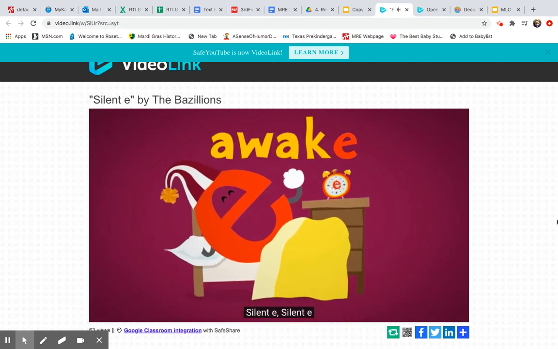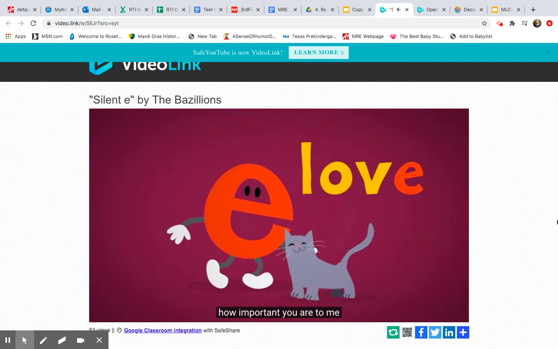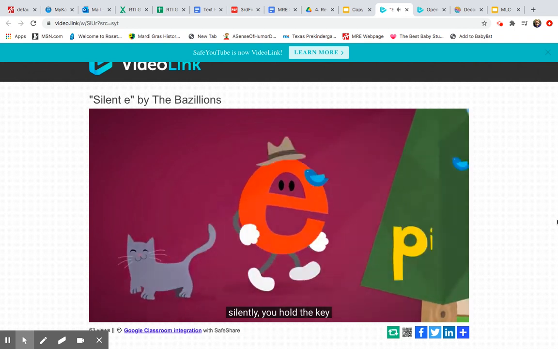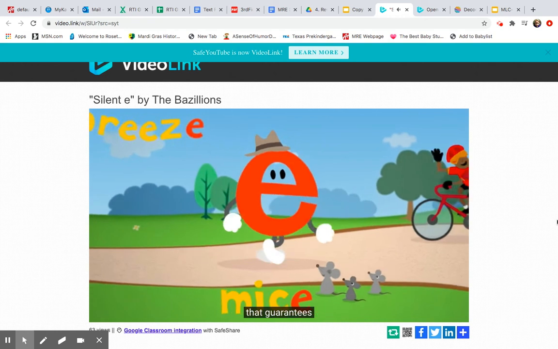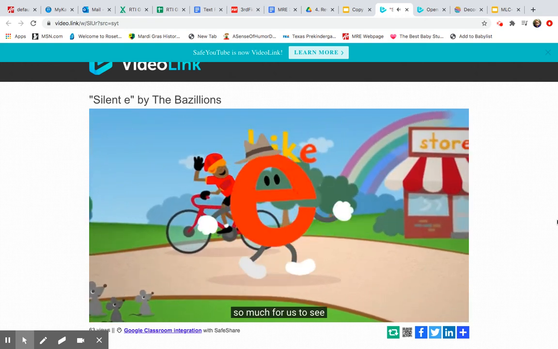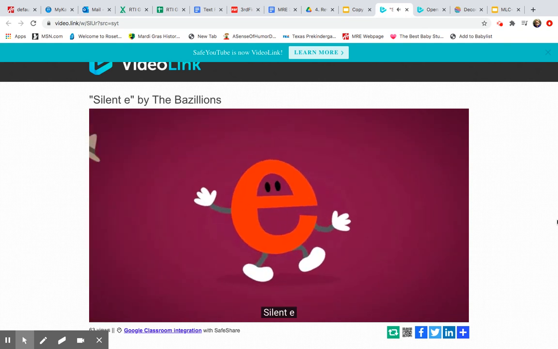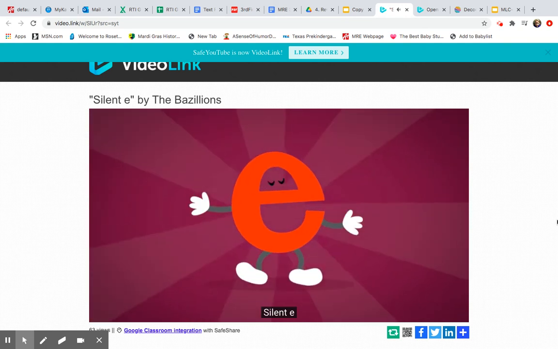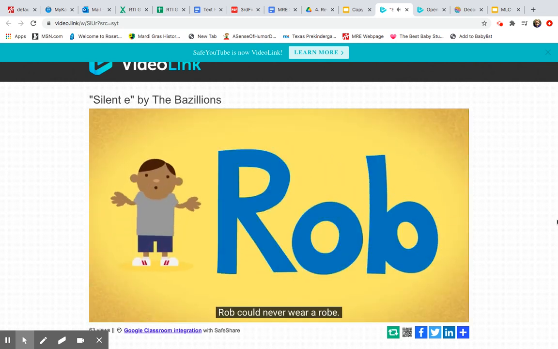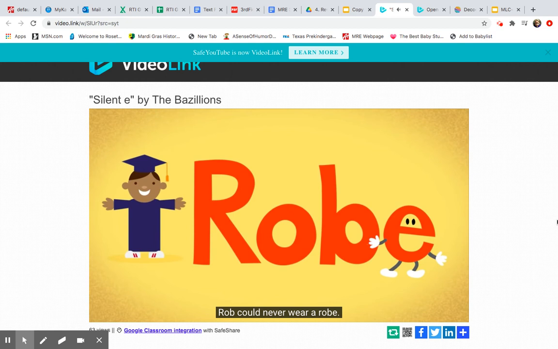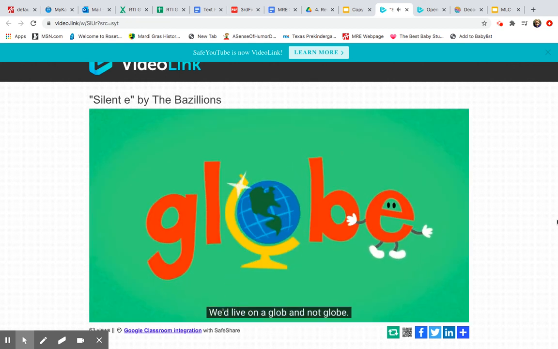Silent E, how important you are to me. Silently, you hold the key that guarantees so much for us to see. Silently, silent E. Rob could never wear a robe. Live on a glob and not a globe.